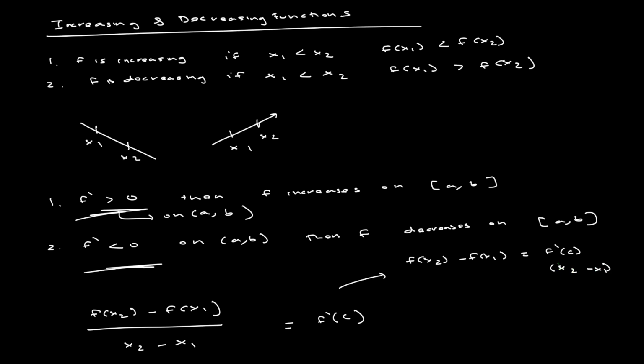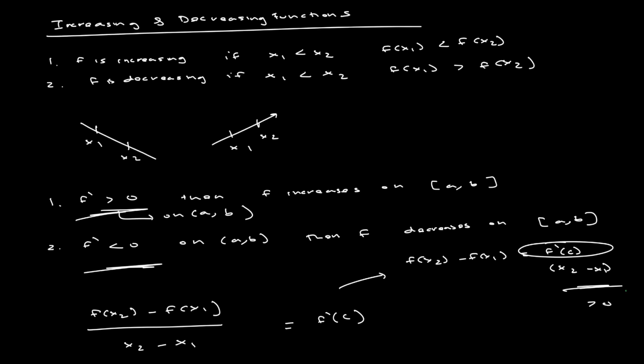And so if f prime of c is greater than 0, that must mean that, well, one thing that's for sure is that we know that x2 minus x1 is greater than 0 because by definition we're saying that x2 is greater than x1, right?